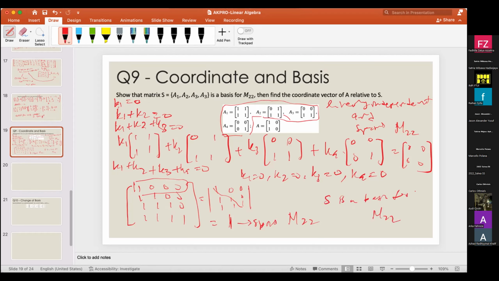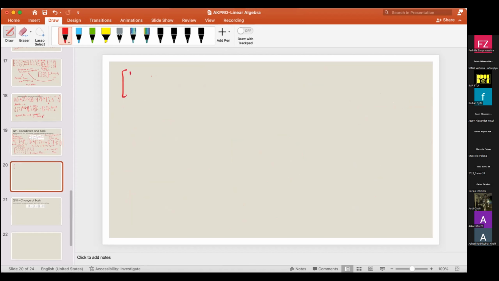Okay, so now to the heart of the matter: finding the coordinate vector of A relative to S. We know that A is [1, 1; 0, 0].